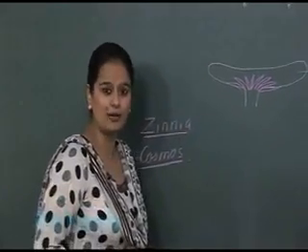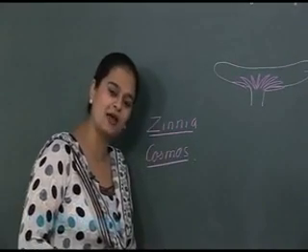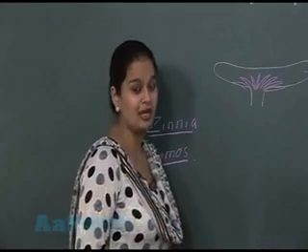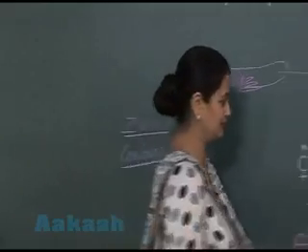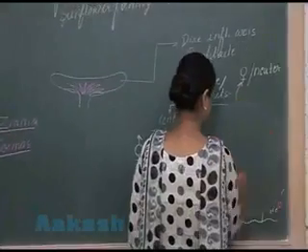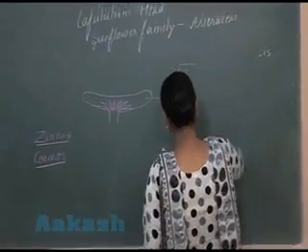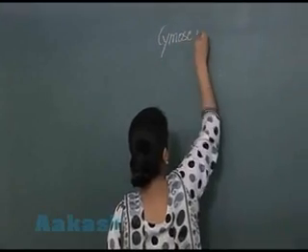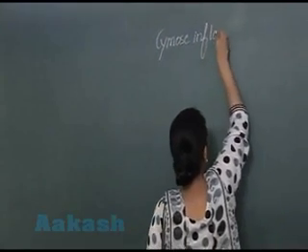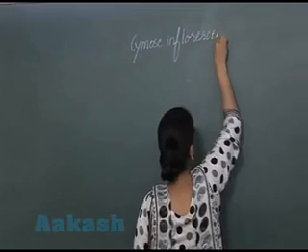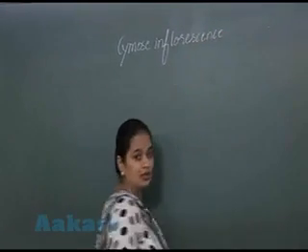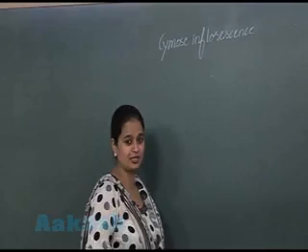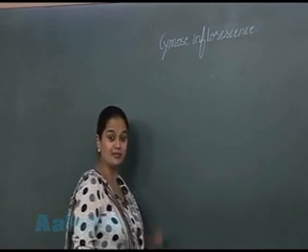So this is all about the racemose inflorescence. Now I will be starting with the next category, that is the cymose one. So now let's start with the cymose inflorescence. Now the features of the cymose inflorescence we have already discussed in the last class.